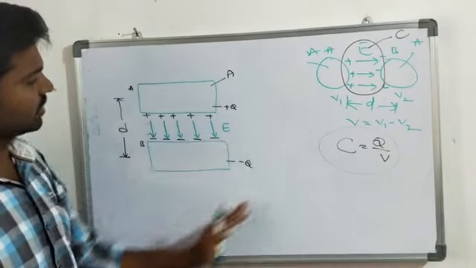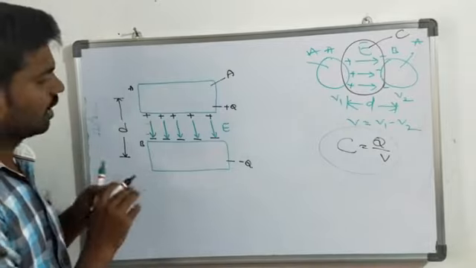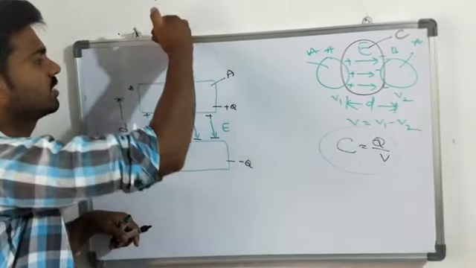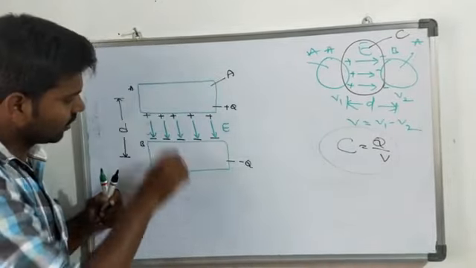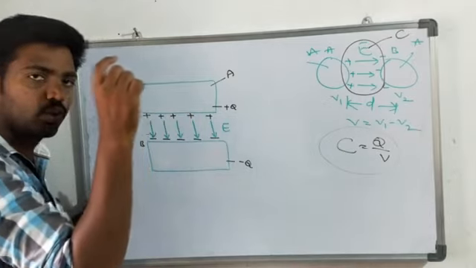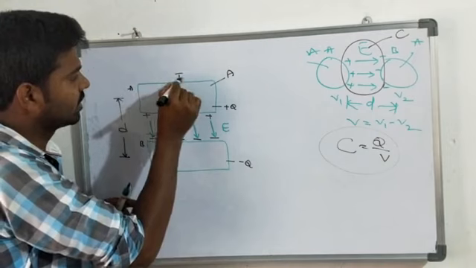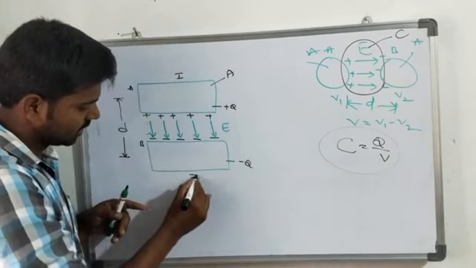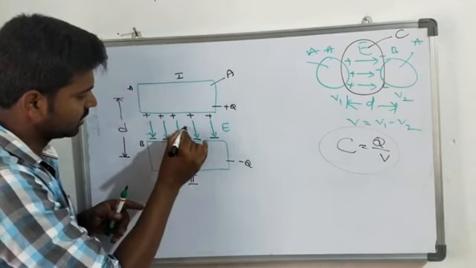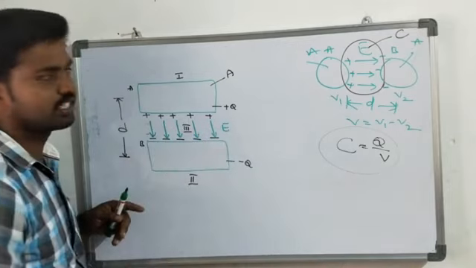If you observe this diagram, there are three regions: one region on this side, one region on this side, and one region between the two conductors. This is the first region, this is the second region, and this is the third region.